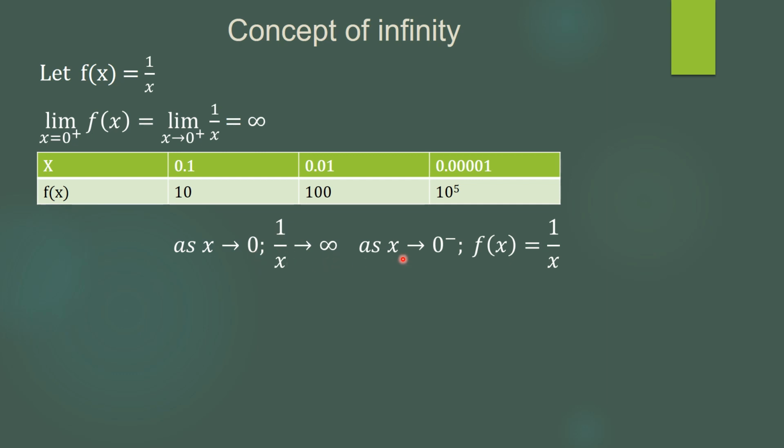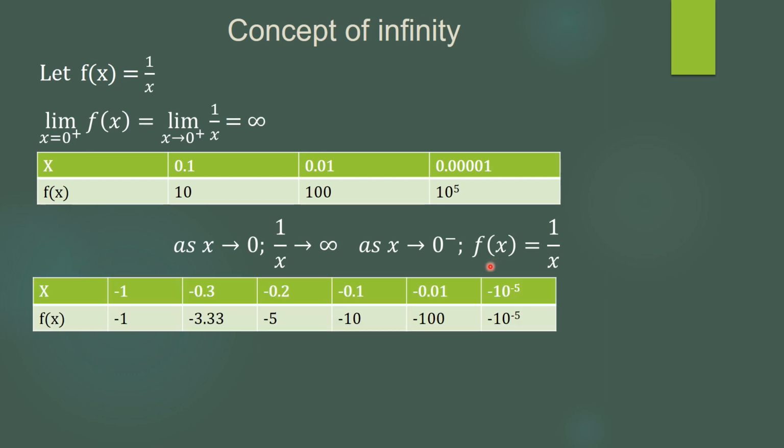Similarly, we'll try to find when x is tending to 0 minus, what will be the value of f of x. For that, again we will take different values of x and try to find out the values of f of x. Here we have taken the value as minus 1. We get minus 1. If I go for minus 0.3, we'll get the value as minus 3.33. Minus 0.2, then it will be minus 5.